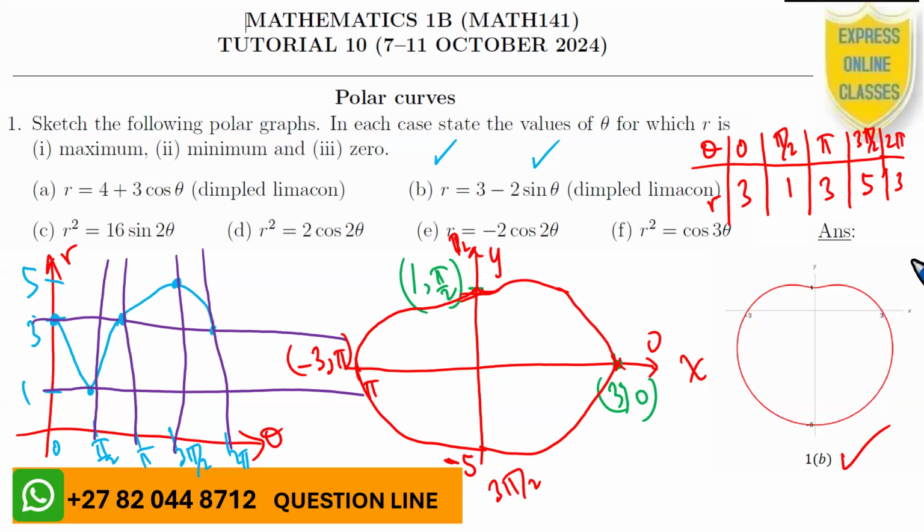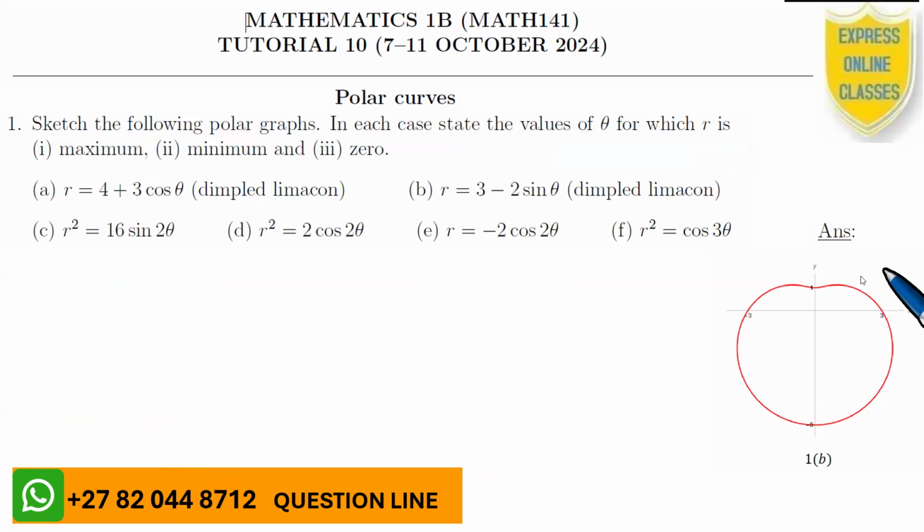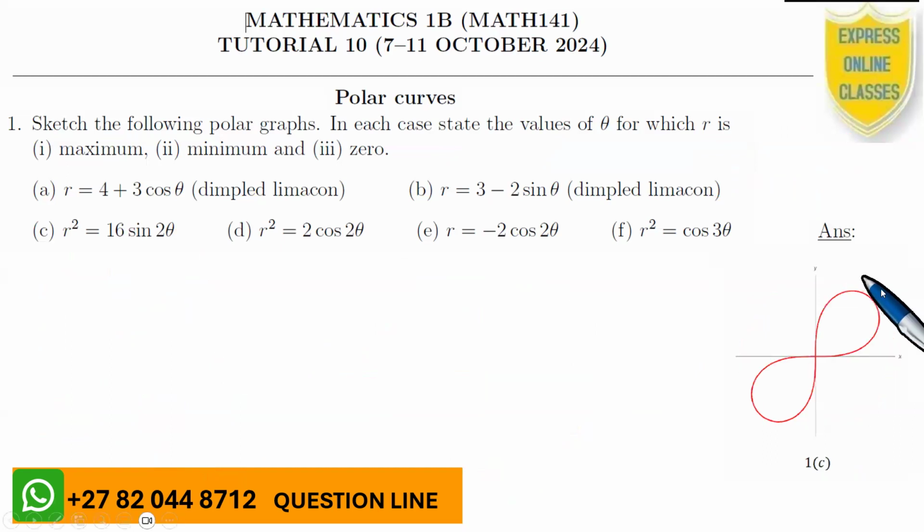Let's look at the next one, the squares. We're looking at C for the square. Okay, let us look at the C, and so now we reason on the C and look at what we need to do.